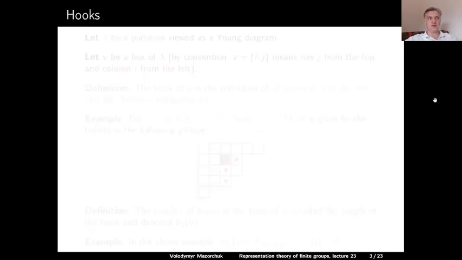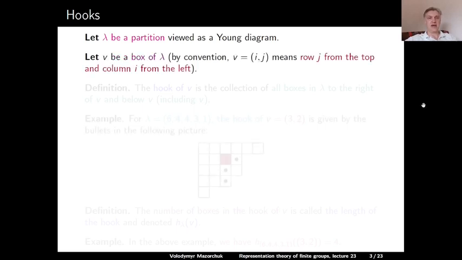So the main notion behind the formula is the notion of a hook. So let lambda be a partition of n, which we view as a Young diagram. A box V in lambda will be usually denoted as ij, which means that it is in the i-th column from the left in lambda and in the j-th row from the top.